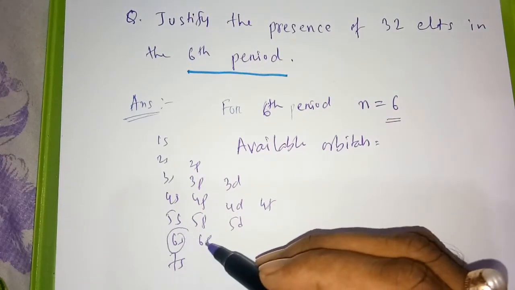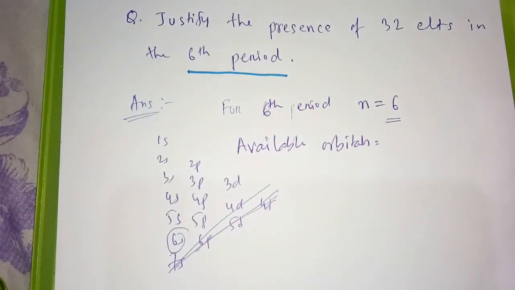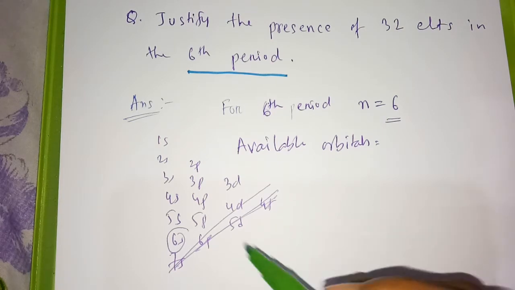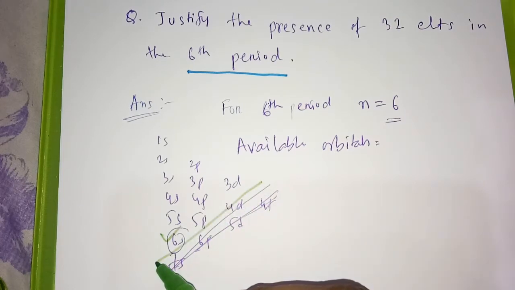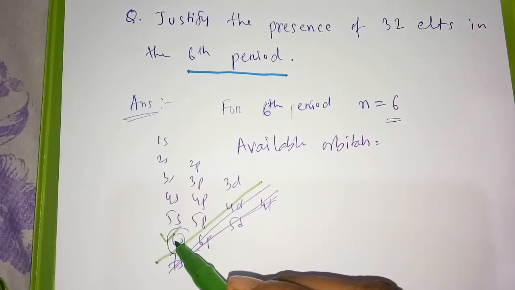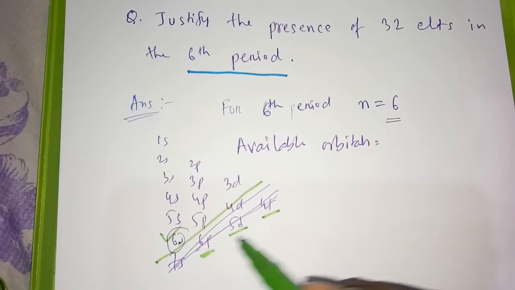After 6s, the series is this one, no? This one. So after 6s, if you write 6s, 6s ends of this line, then after 6s we have 4f, 5d up to 6p.